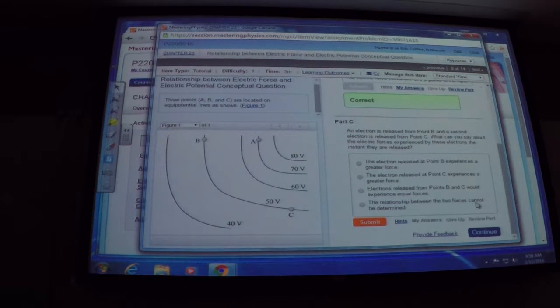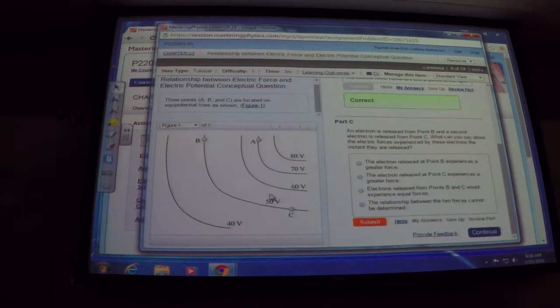An electron is released from point B and a second electron is released from point C. What can you say about the electric forces experienced by these electrons the instant they are released? So it doesn't mean later after the release, it means the instant they're released.